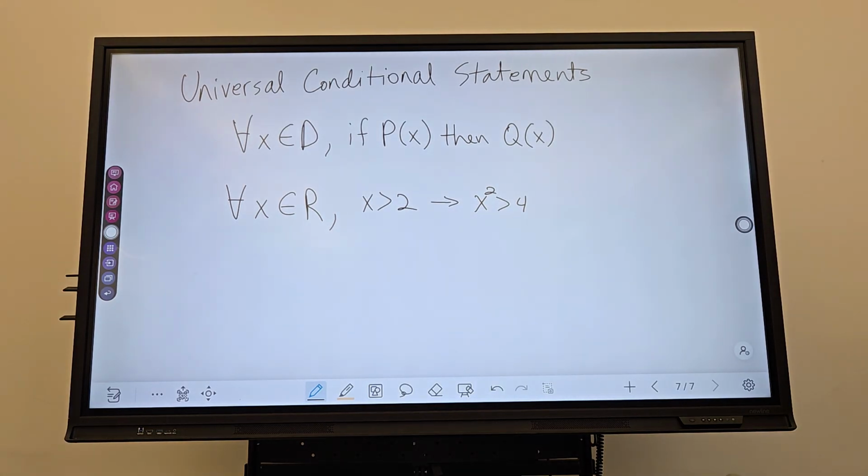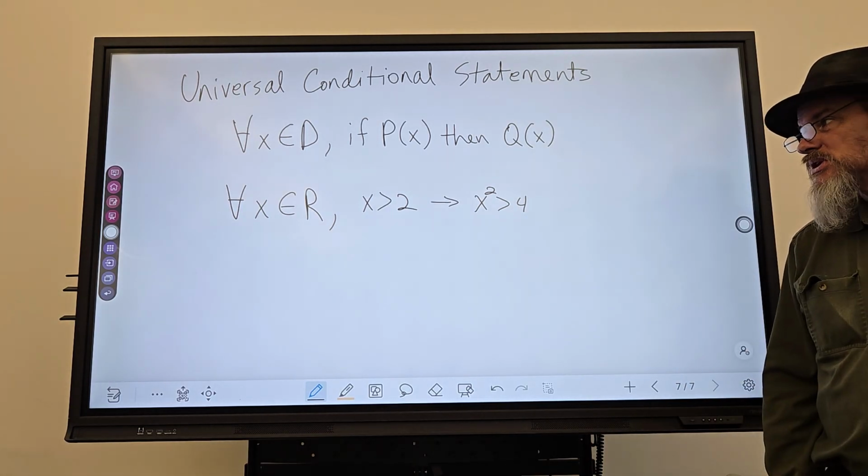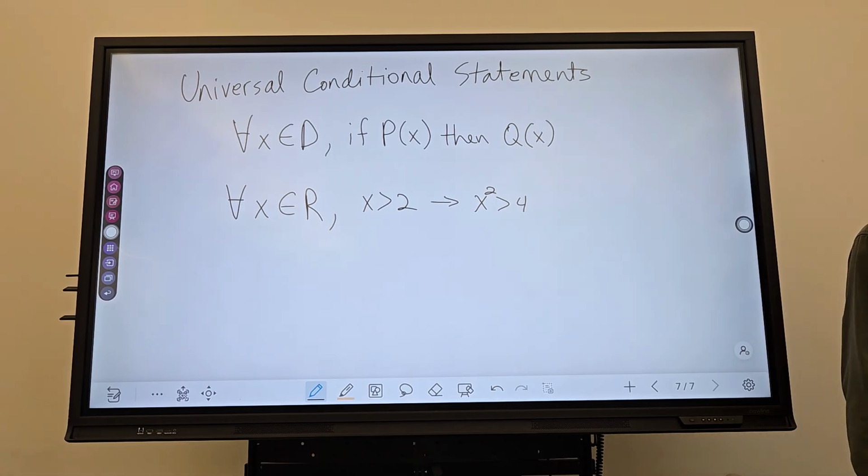You typically don't use variables in informal wording, whereas the formal is more symbolic.